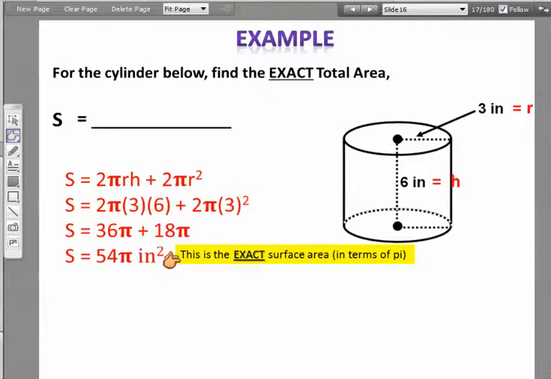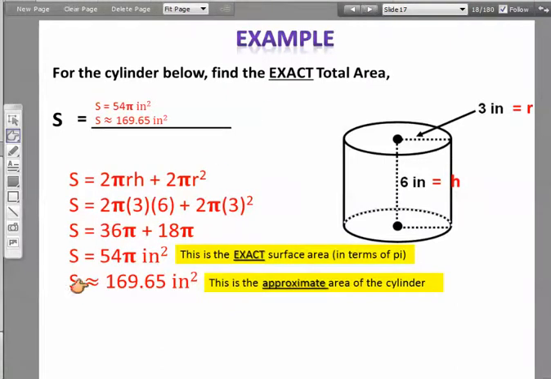And the reason we say exact is because pi's decimal never ends, it goes on forever. So if I want my equal sign to be an equal sign, I have to leave my pi in there. But if I want to multiply 54 by pi, it becomes an approximate area of the cylinder.